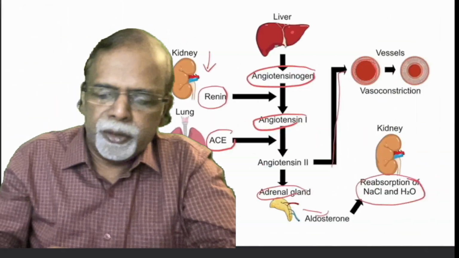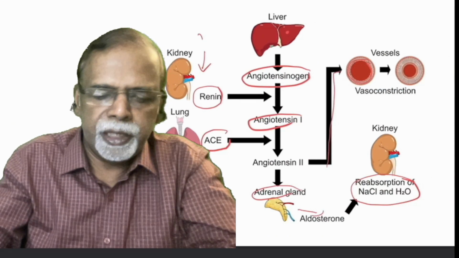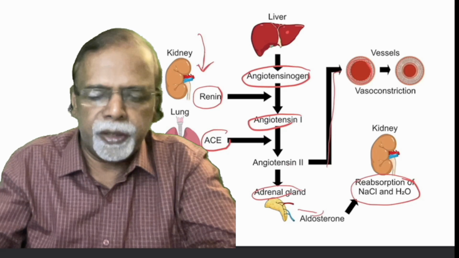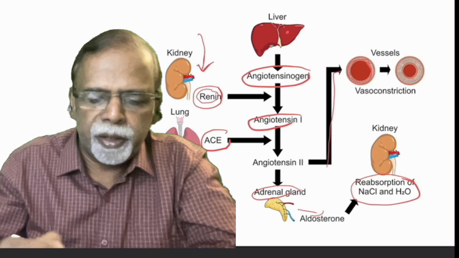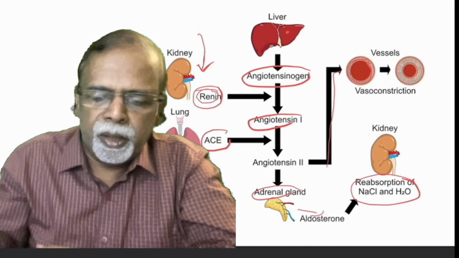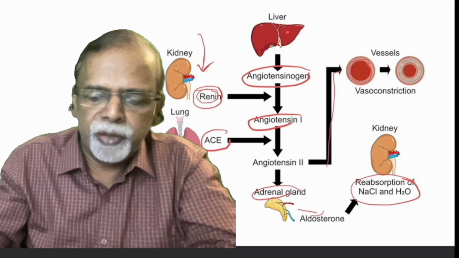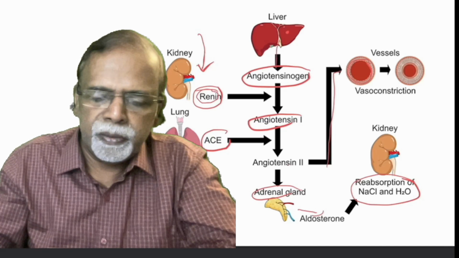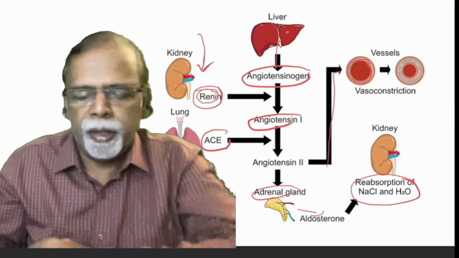The renin-angiotensin system is activated when there is decreased blood flow going to the kidneys. Renin is secreted from the juxtaglomerular apparatus, and that acts on the angiotensinogen which is produced from the liver. Renin converts it into angiotensin 1.